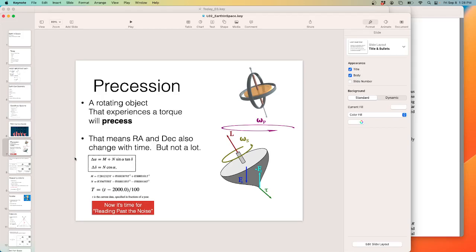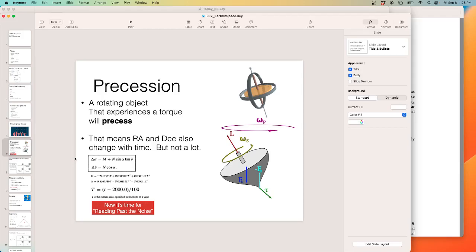But we can talk about exactly how much the precession is going to be as a function of time, because we know what the torques are on the planet. So the biggest torque on the planet comes from the sun. The planet's not perfectly round, so there's a little bit of a torque on it from the sun. And we can sort out how much that torque is.